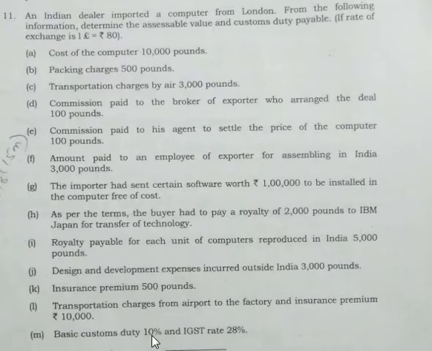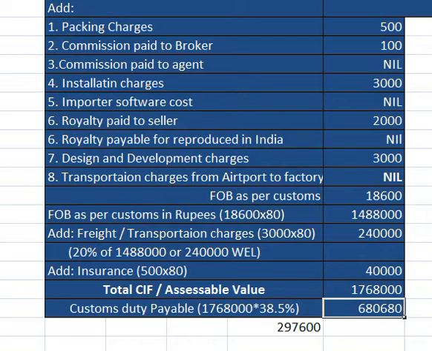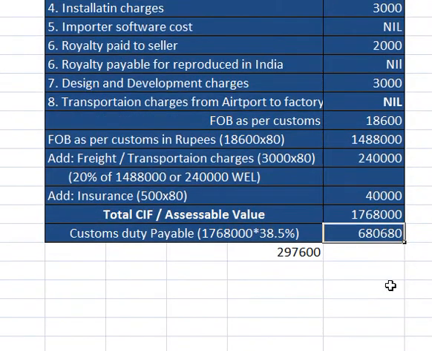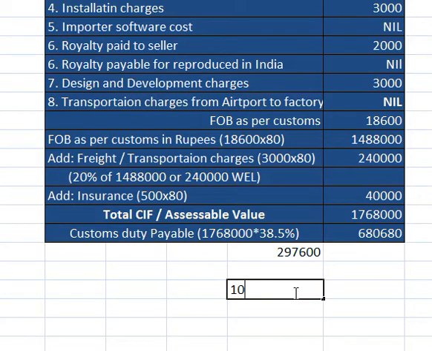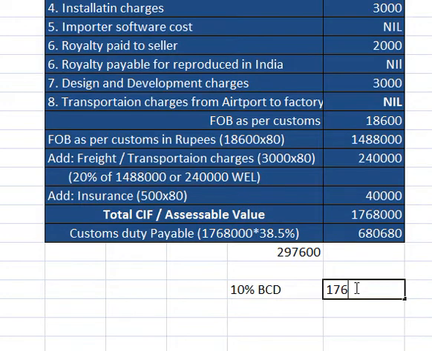If you find it with 10% and 28%, what was the answer? It is simple. If you are following the same question, see, it is like this: 10% of BCD, BCD is 10%. So 10% of this amount, 17 lakh 68,000, gives 1,76,800.